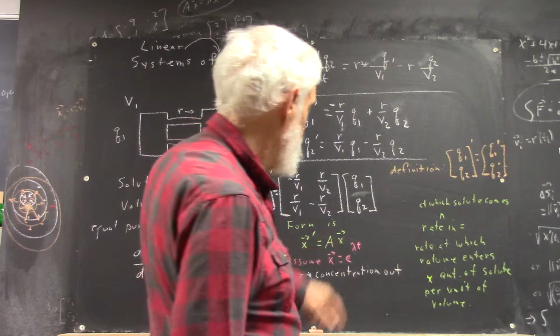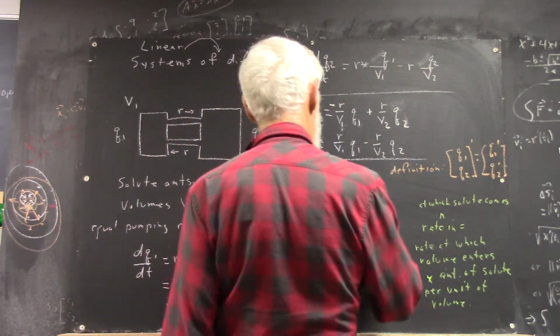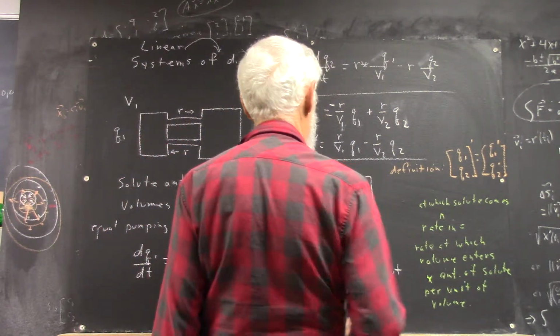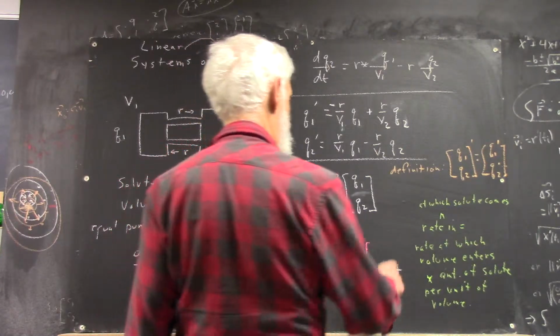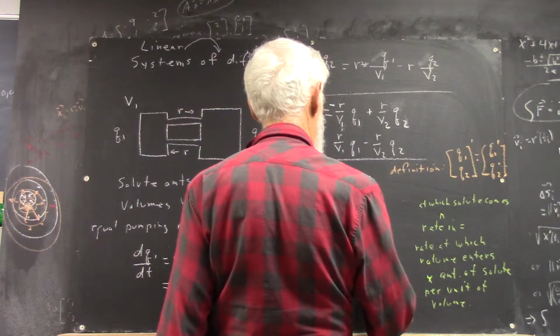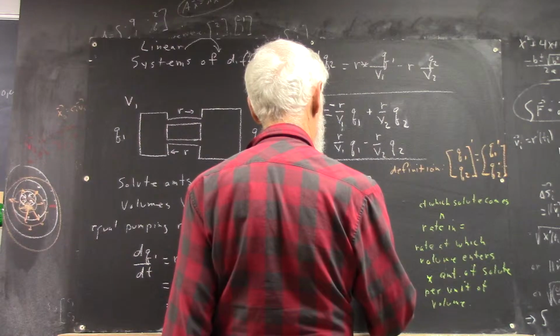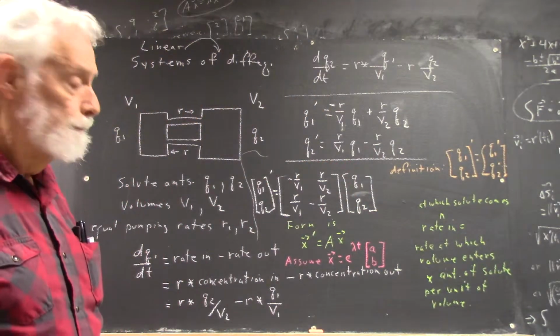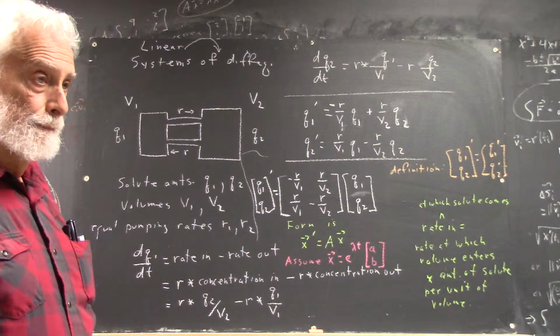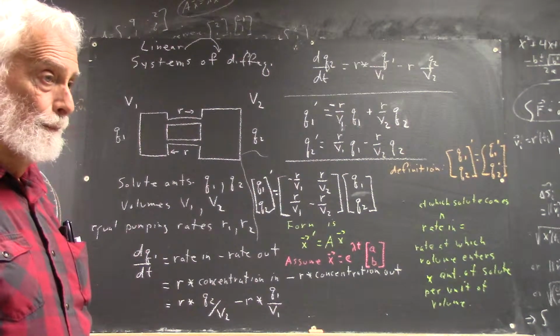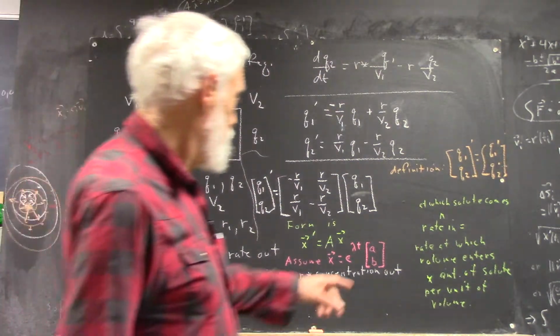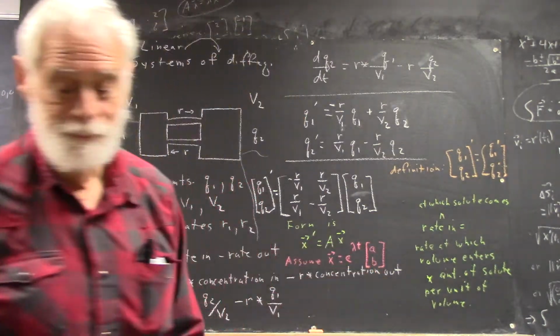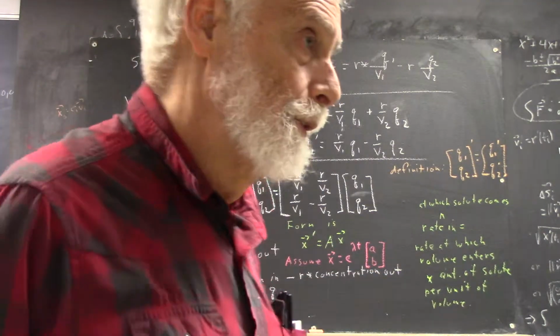You get e to the lambda t multiplied by some vector that I'll just call A, B. Okay? And then we've got to figure out what this vector might be. And that's where eigenvalues are going to come in.